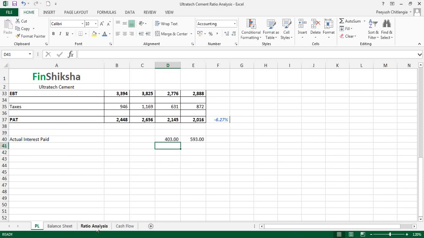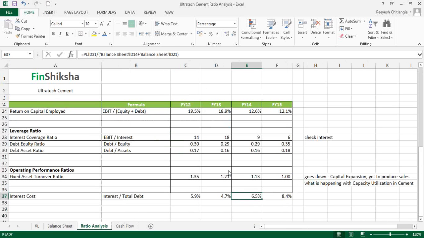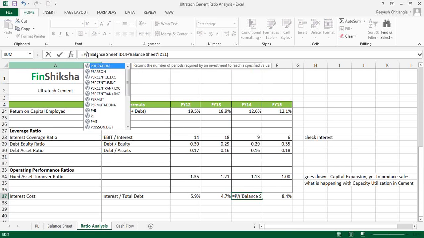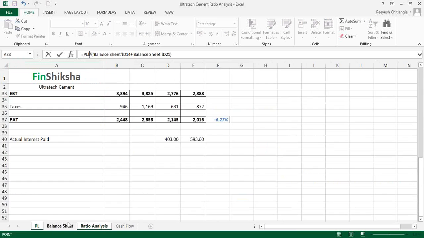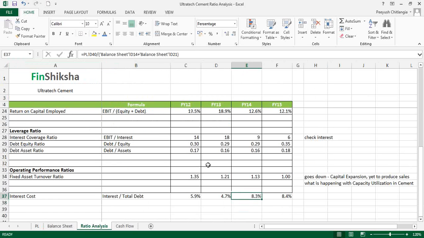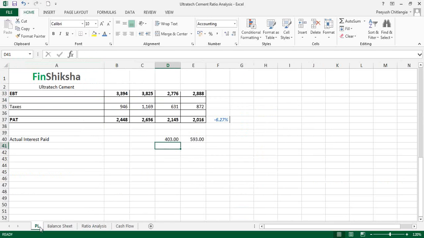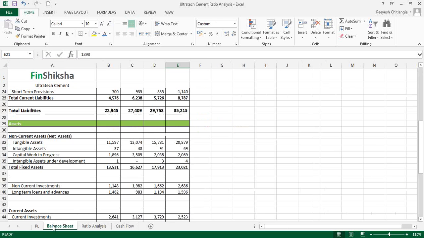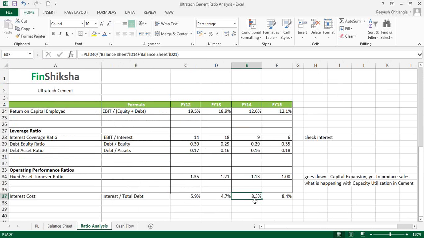And now you can go to the ratio sheet, and instead of using your interest cost as PNL D31, we can change this number to D403 that we have looked at, and we have connected it here, right? The earlier two we have not yet calculated, and similarly here.